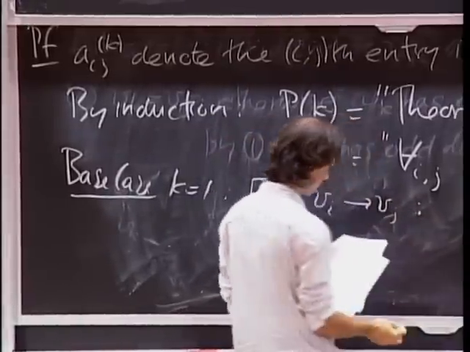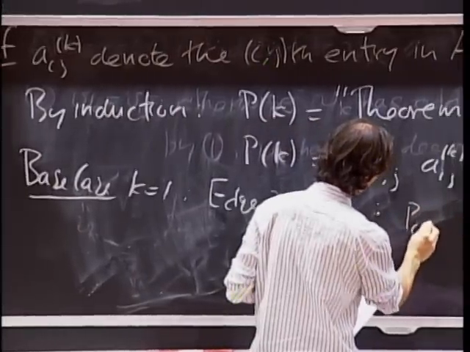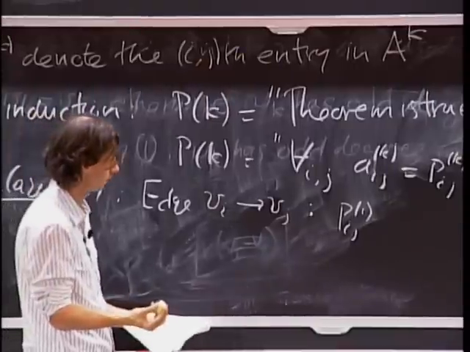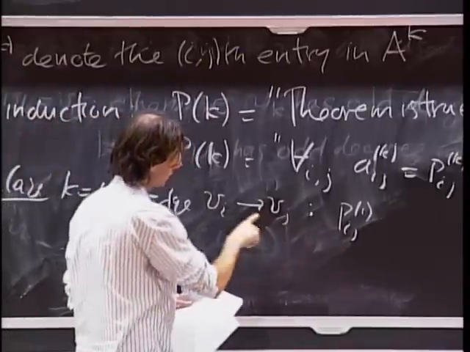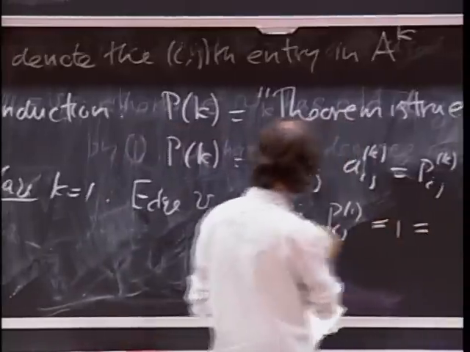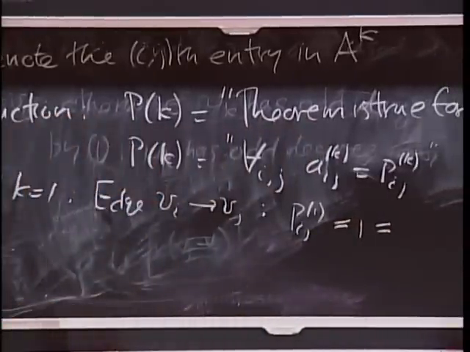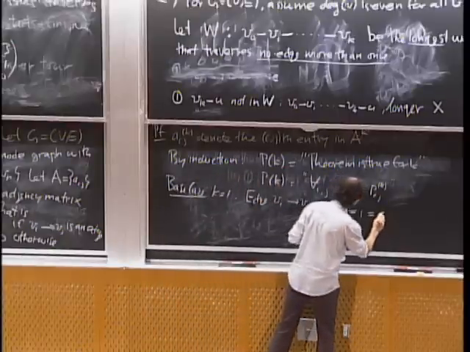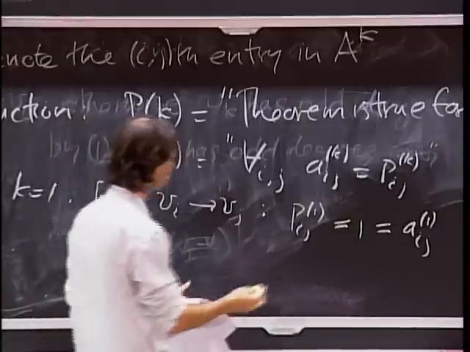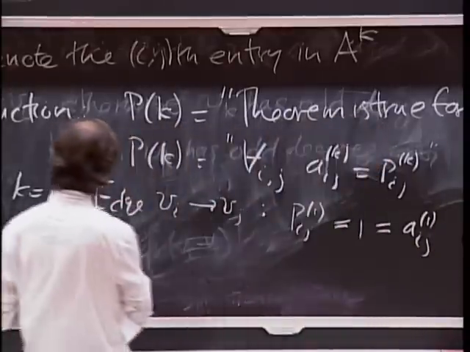Well, in that case, we know that the number of walks of length 1 from i to j is exactly 1, because there's this edge. So this is equal to 1. But this is also the definition of my adjacency matrix, so I can just write Aij^1. So that's great. This case definitely works.